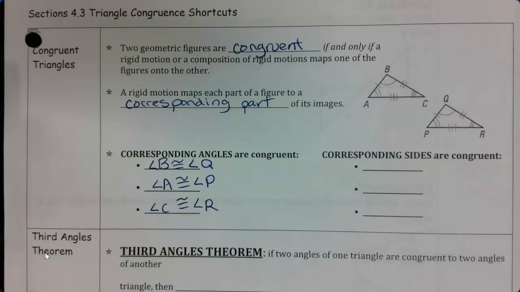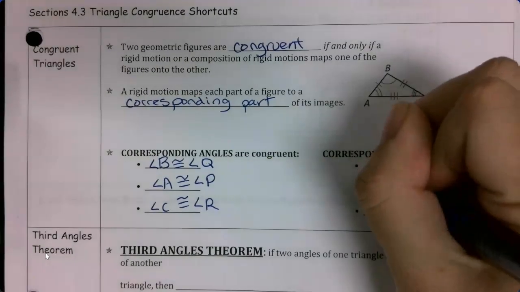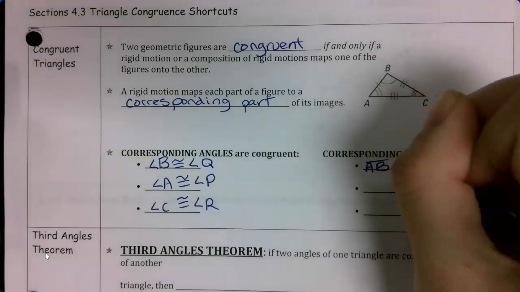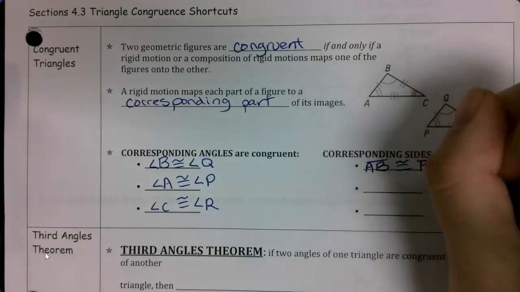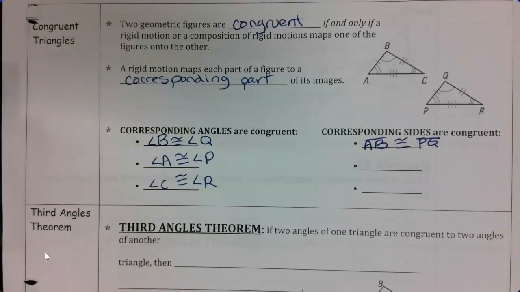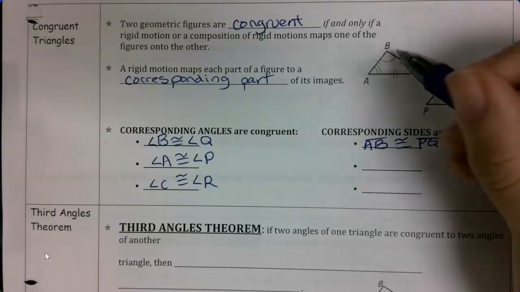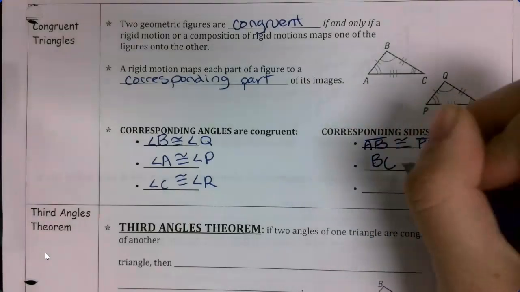And then my corresponding sides that are congruent, I'm looking at the tick marks. So from A to B, I have one tick mark, and then from P to Q, I have one tick mark. Then from B to C, I have two tick marks, and Q to R, I have two.